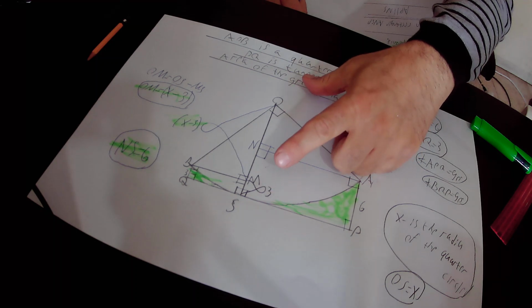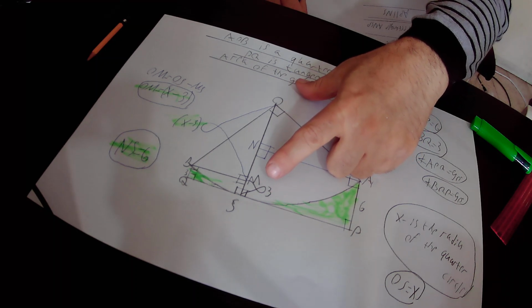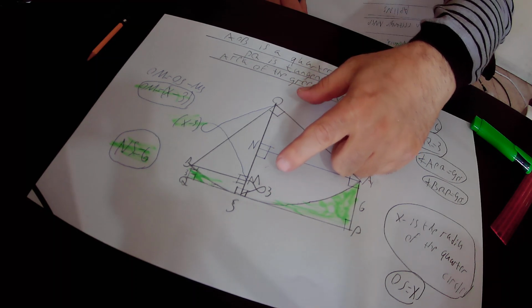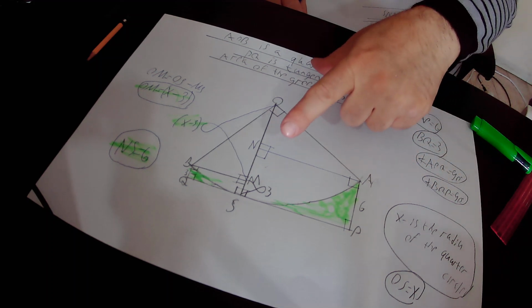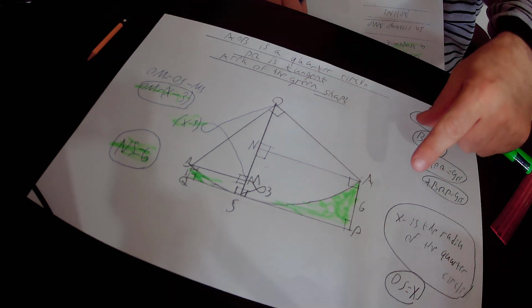NS is part of the straight line OS and is parallel to AP. Therefore, the straight line OS must also be parallel to AP.